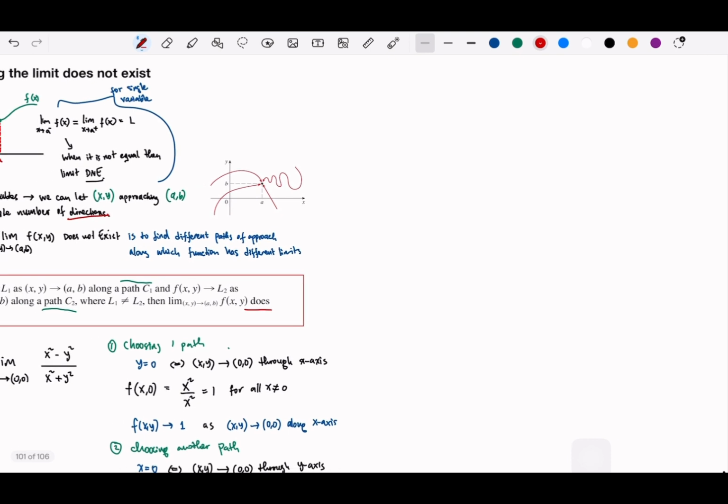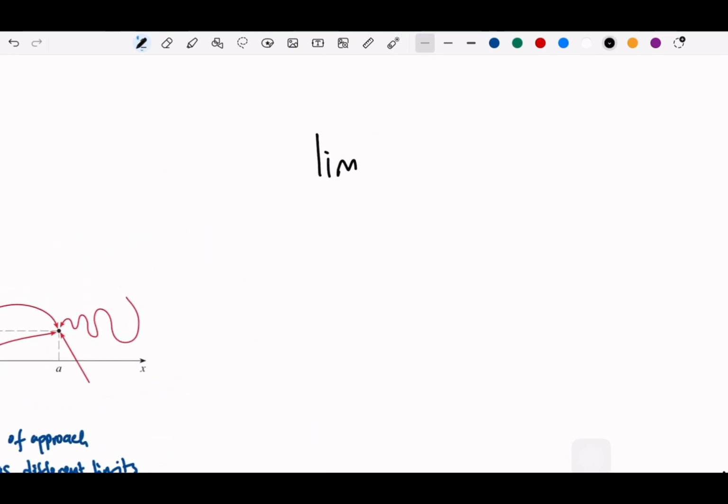So suppose that we have the limit as (x, y) approaches 0, 0 of xy over x squared plus y squared.